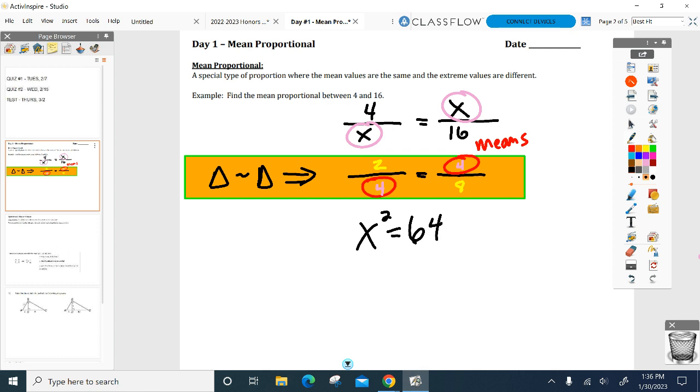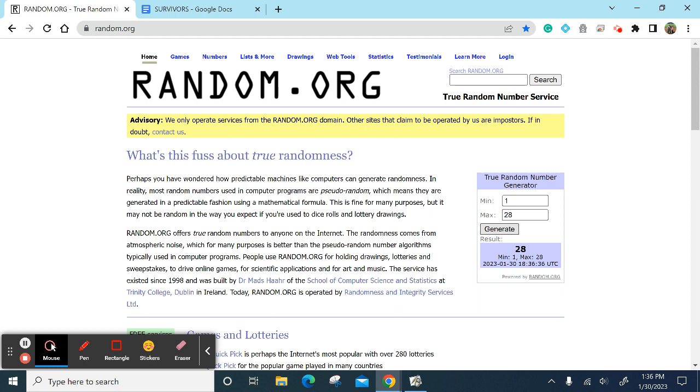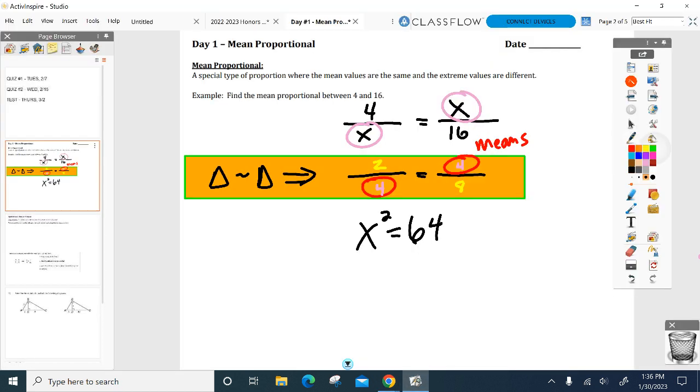That's all I was looking for. How do I get rid of the squared? Square root, yeah, let's add in our big boy words, right? Square root both sides. And everyone's like, hey, x equals 8.